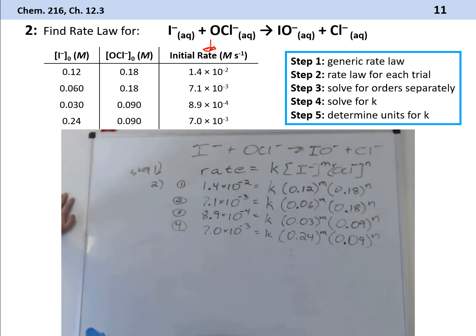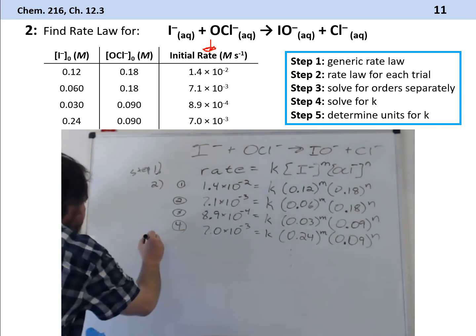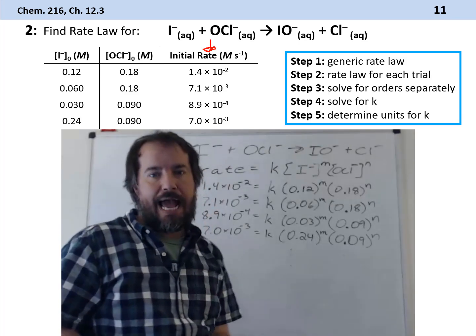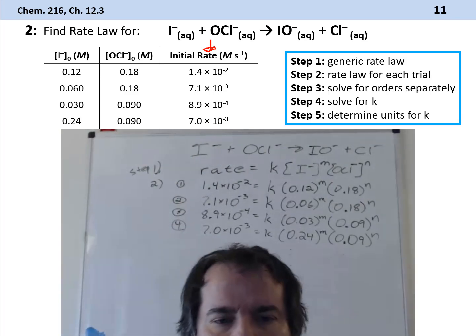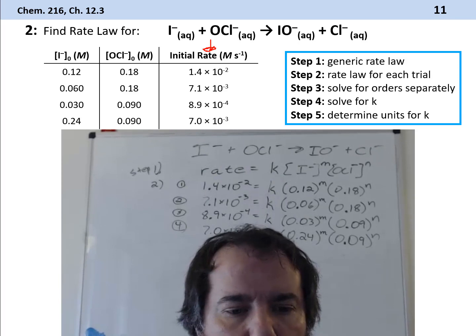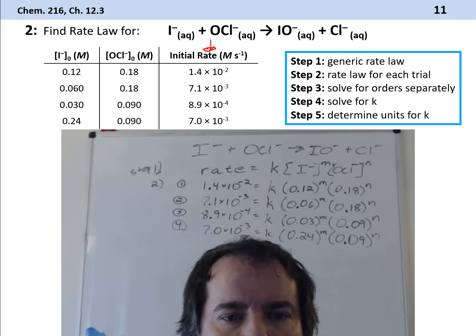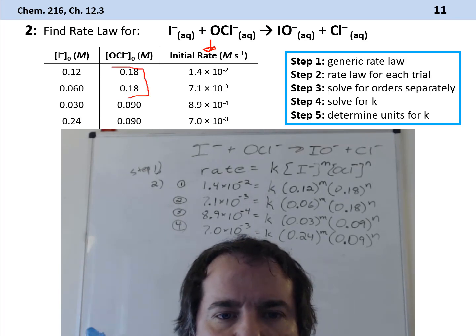Now what I'm looking for in step 3 is to see, hey, what can I use to figure out M and N? All right, so let's look at these equations here. Notice in the first 2, I have the same OCl-, right?